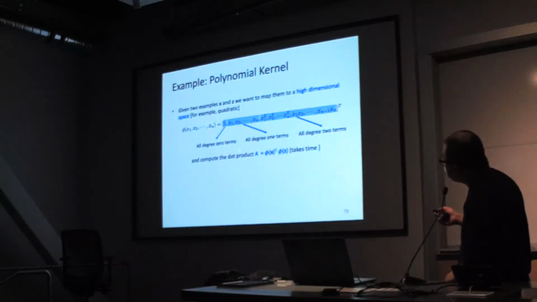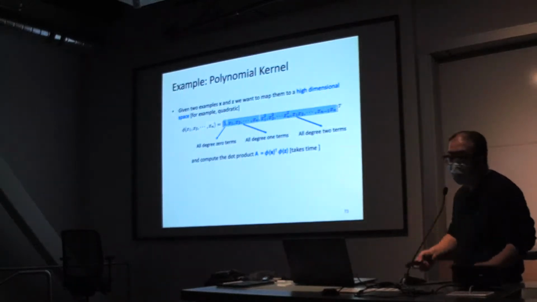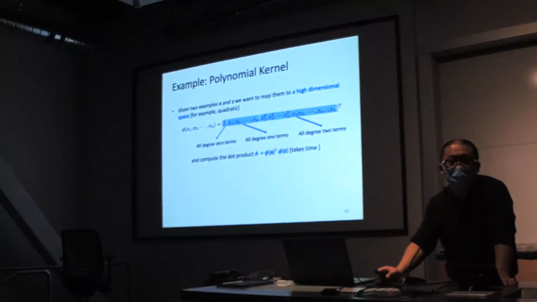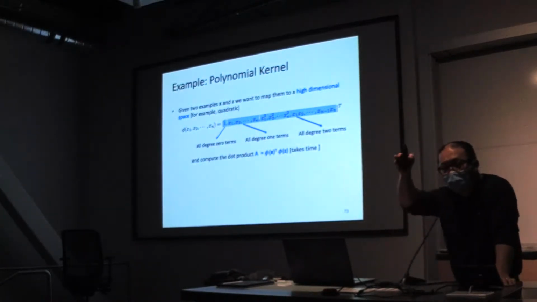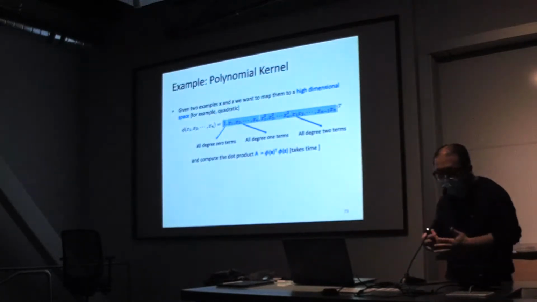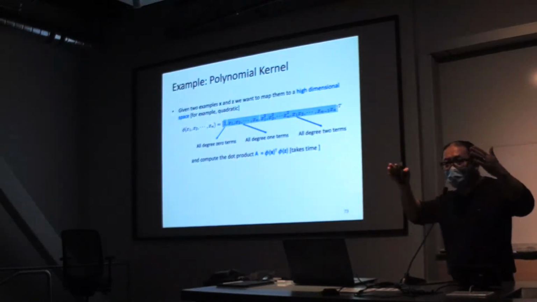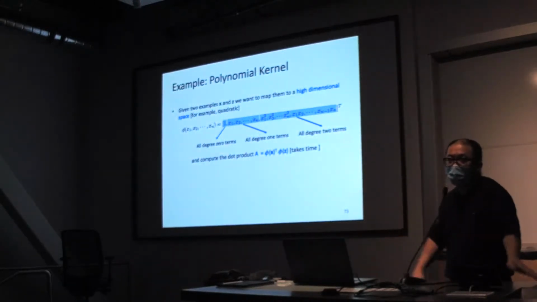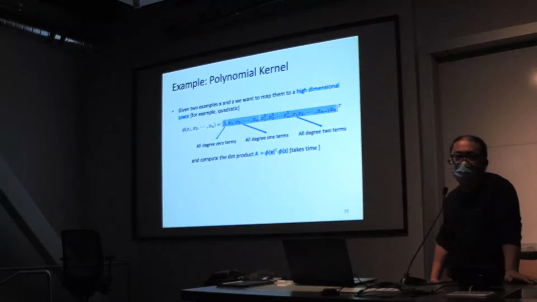If we directly compute the feature mapping first and then do the inner product, the time complexity will be like n squared. Why? Because your mapped feature vector has dimension proportional to n squared. You do this twice, for x and z, and then do the inner product, an element-wise multiplication, which costs time complexity n squared.